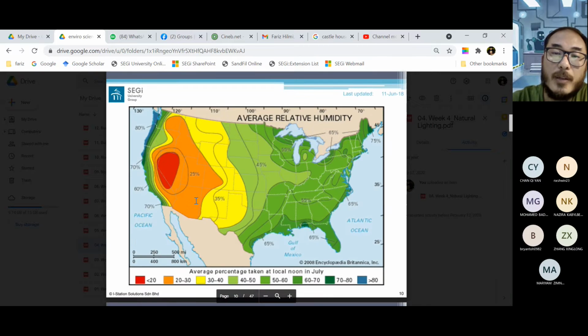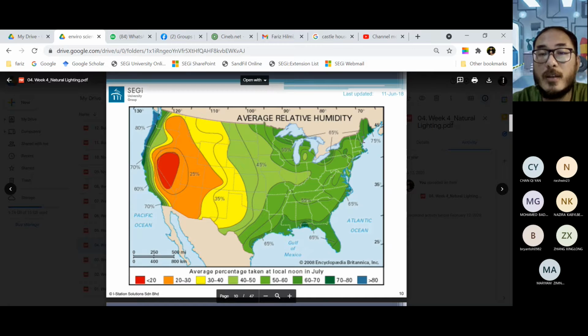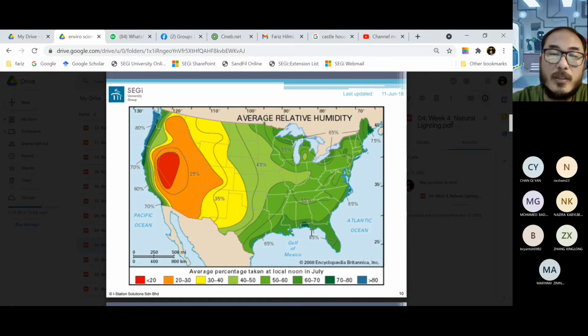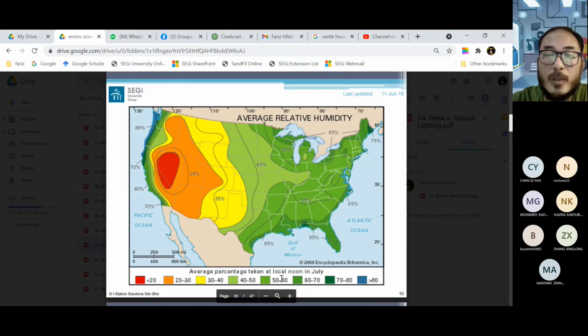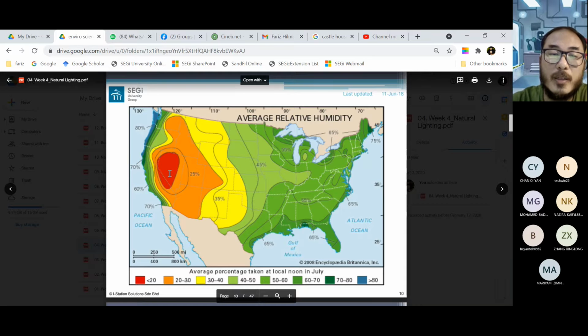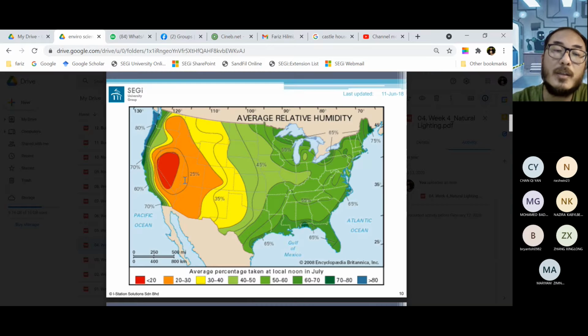Okay, so average relative humidity. Relative humidity is different from one place to another. It's because of the location, nearer to the sea. So nearer to the sea, it is shown here as higher humidity compared to the ones further from the sea. Much further from the sea, it becomes less humid. Okay, so for example, here is 35, this is 25.